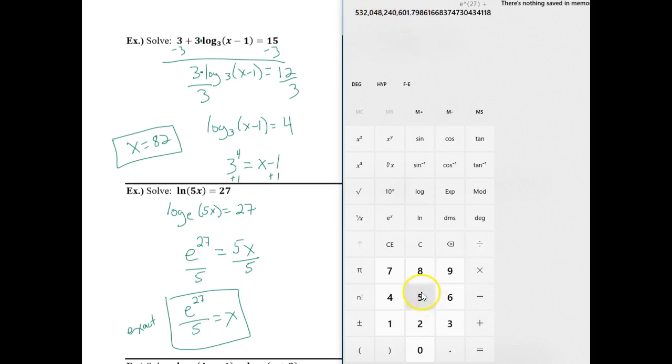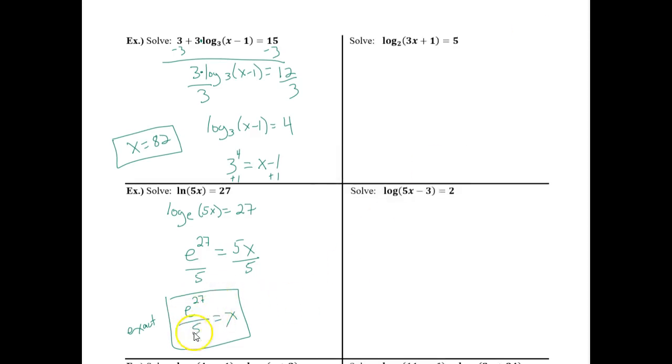I could divide by 5, but it's still quite a large number. So my guess is that your homework would ask you to leave it in this form. Same with a quiz or a test. Alright, it's a very big number.